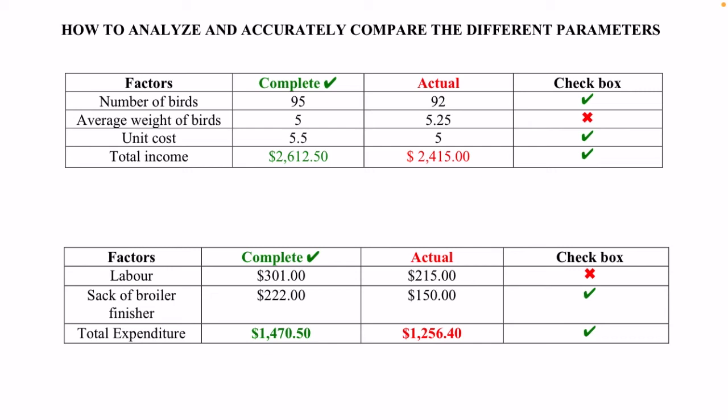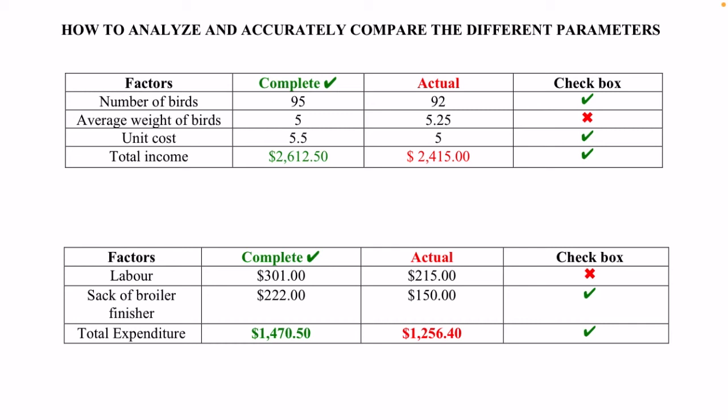Therefore, the unit cost is the second factor that made a difference in the total projected income being greater than the actual income. Here you can see a checkbox highlighting which of the factors we spend time highlighting when we are doing our comparison.